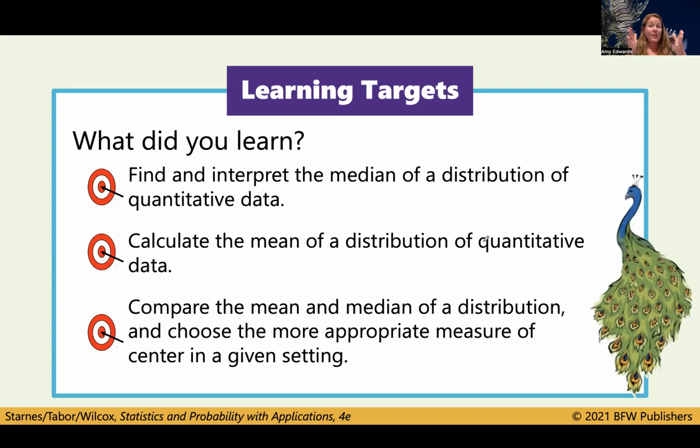Is one greater than the other? Are they roughly together? And then also, which one am I going to use? If it's roughly symmetrical with no outliers, mean's our guy. However, if it's not just slightly skewed, but very, very strongly skewed, right or left, or has outliers, we go with median.